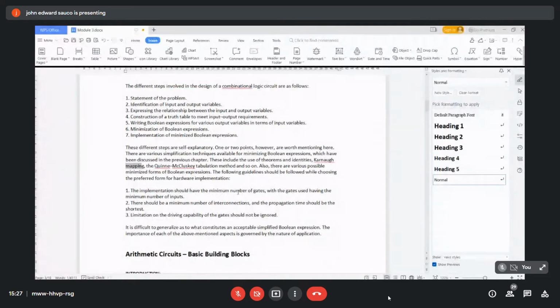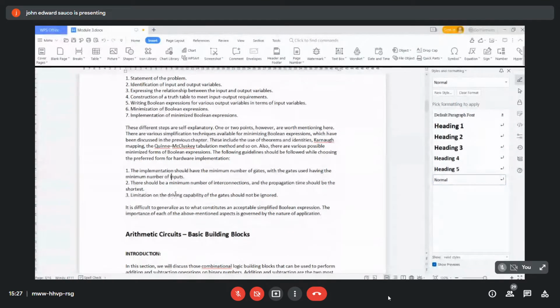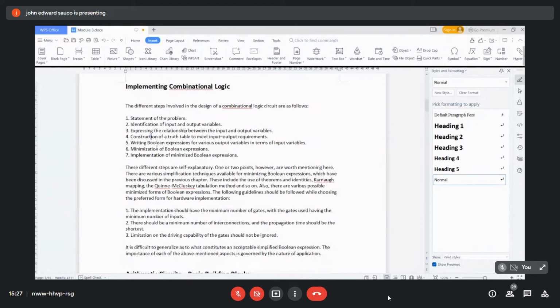And, siyempre, meron pa ibang method, pero ito lang yung focus. Yung the implementation should have minimum number of gates. Siyempre, kaya natin minimize para minimum number of inputs at minimum interconnection para sa shortest propagation time at limitation lang ng driving capability ng gates. Okay? Dapat hindi nyo i-ignore. Kaya natin ginagawa itong minimize.